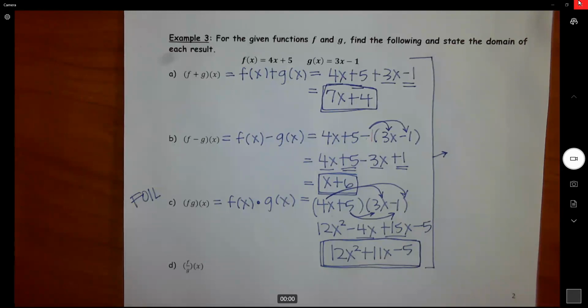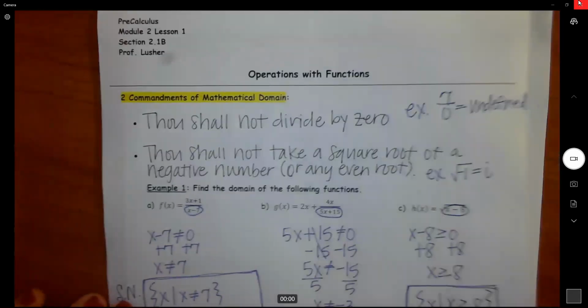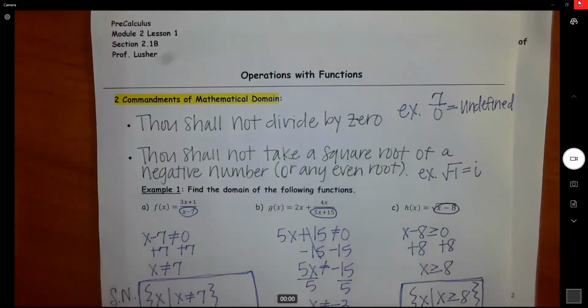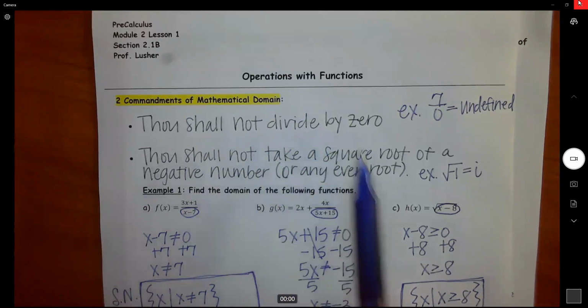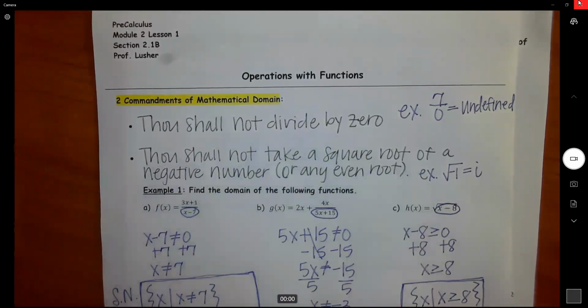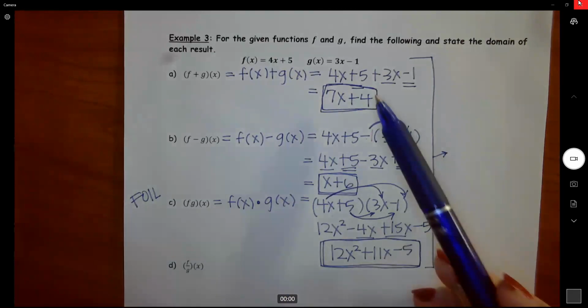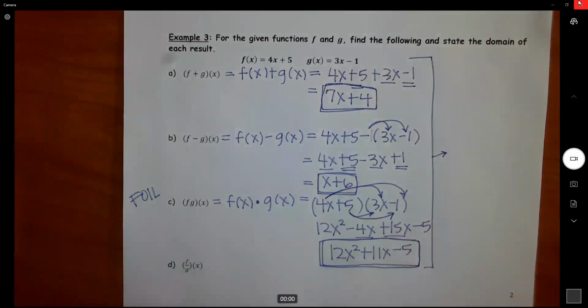From a previous video, here are my 2 rules to find mathematical domain. We cannot divide by 0, and I cannot take the square root of a negative number. Because all 3 of these have no fraction, I don't need to worry about dividing by 0. And because none of them have a square root, I don't need to worry about taking the square root of a negative number.